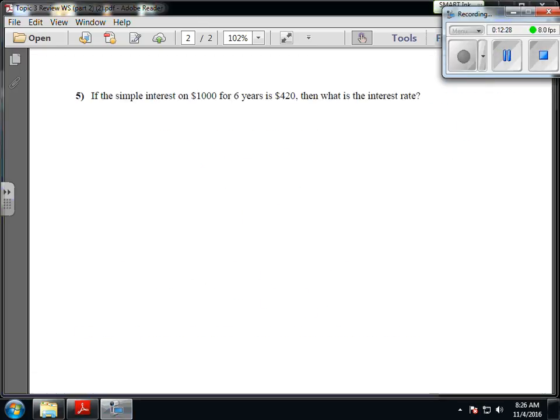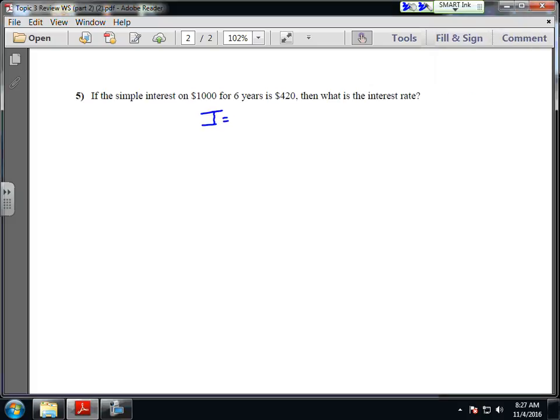Okay, let's take a look at number 5. It says, if the simple interest on $1,000 for 6 years is $420, then what is the interest rate? All right, anybody tell me what the formula for this particular problem is? It's I equals PRT. And we're going to put it over here as well, so we remember to fill that in.